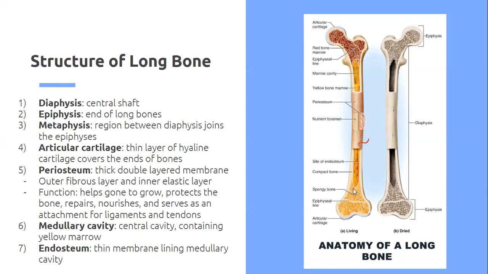Then we have the endosteum, a thin membrane lining the medullary cavity. If the yellow thing is the medullary cavity, the endosteum covers it as protection. There are a lot of membranes and layers to the bone, but all of them serve a purpose.